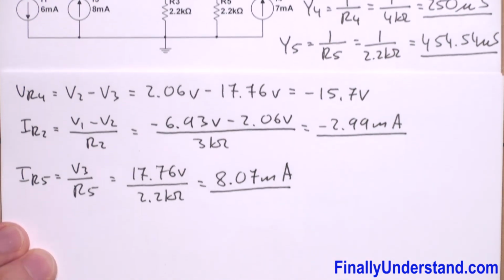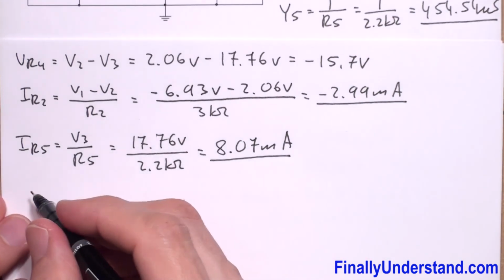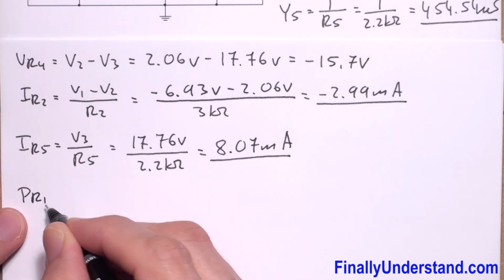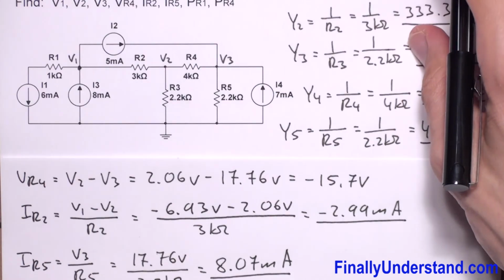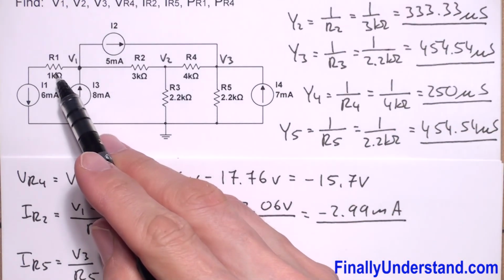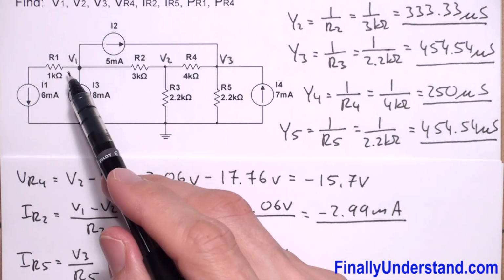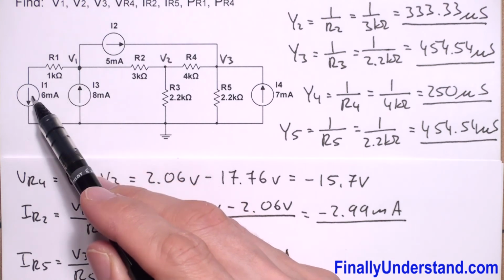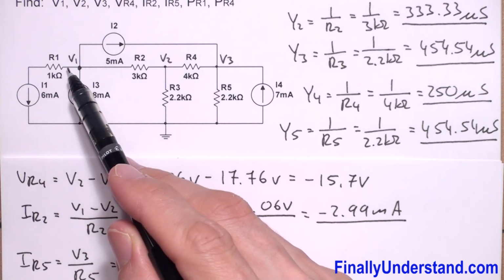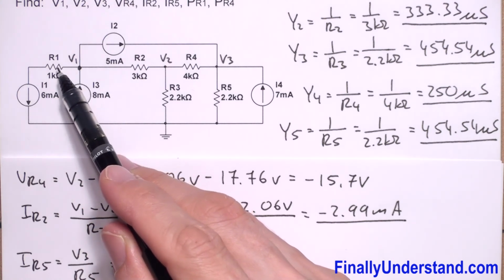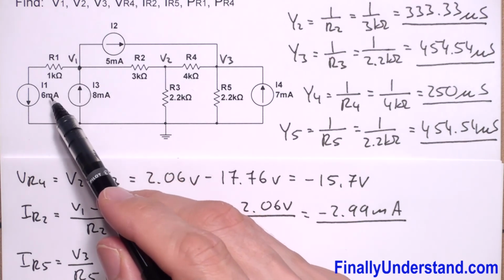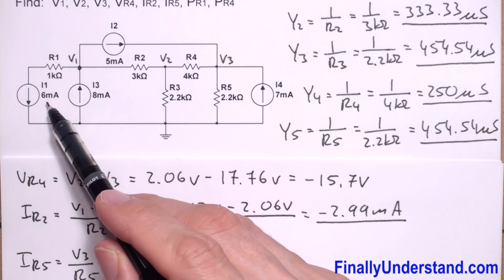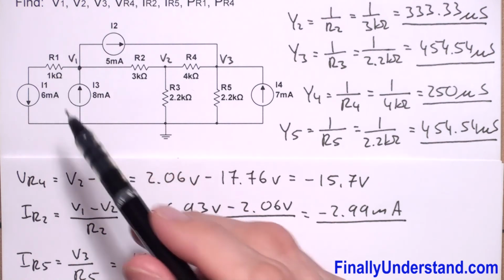Next, I'm supposed to find the power PR1. PR1 is the power at this resistor. Please notice that this resistor is in series with the current source, so the current which goes into this resistor is equal to the current of the current source. So we have 6 milliamps going through this resistor.